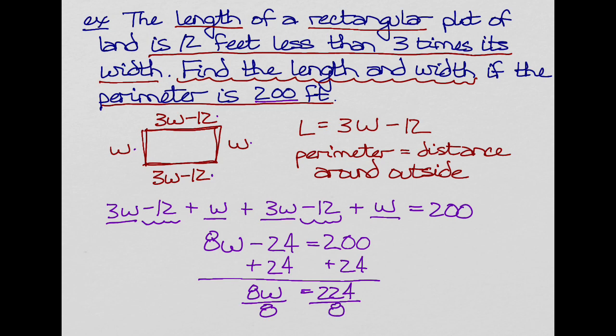Yes, this is like a cooking show where I have a done piece of food in the oven. I did this before, so I'm not doing it in my head. W is 224 divided by 8 is 72. Oh, no, it's not. 224 divided by 8 is not 72. 224 divided by 8 is 28.